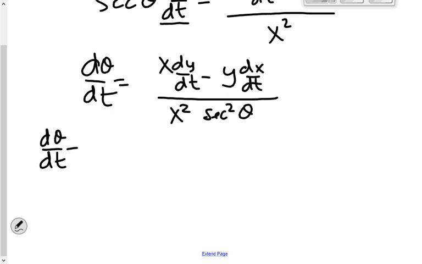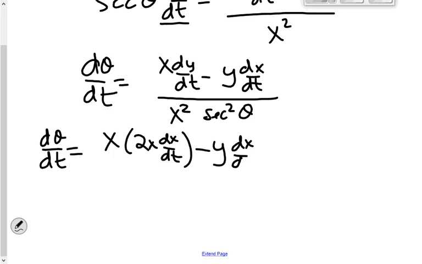So d theta/dt is going to give me x times dy/dt, which is 2x dx/dt, minus y dx/dt, all over x squared times, what was my cosine theta?